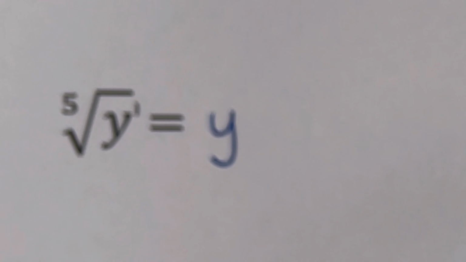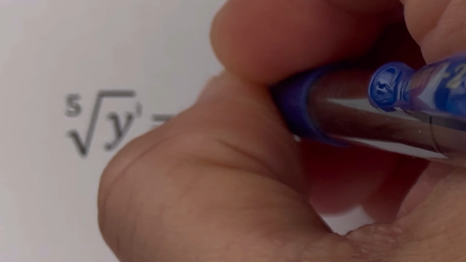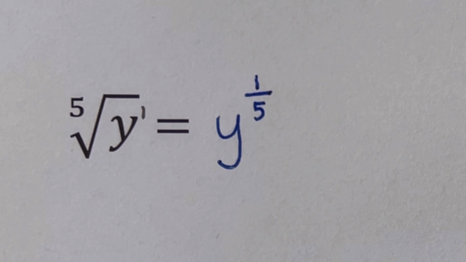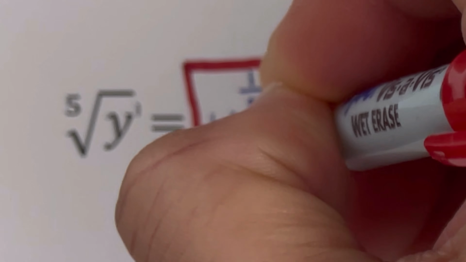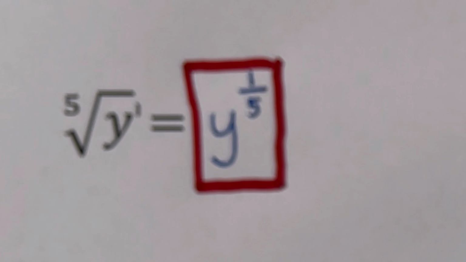So the base here is y, so I write y. And that would be raised to the power of the exponent of the base, which is 1. And then that is over the index, which is 5. So this is the rational exponent form or the fractional exponent form of the fifth root of y.